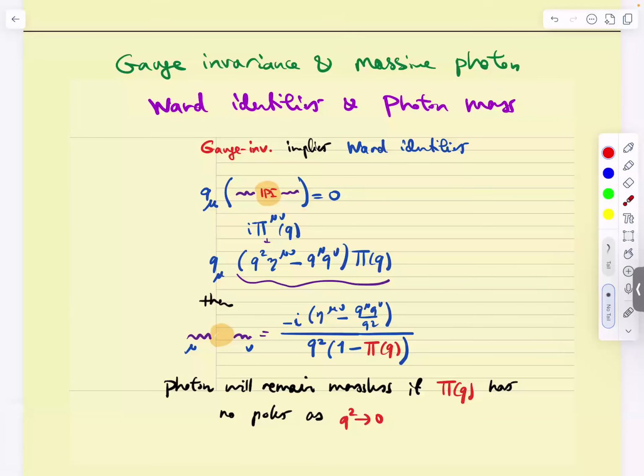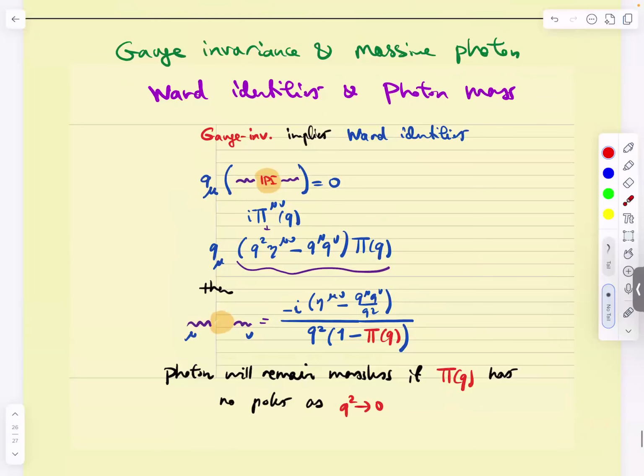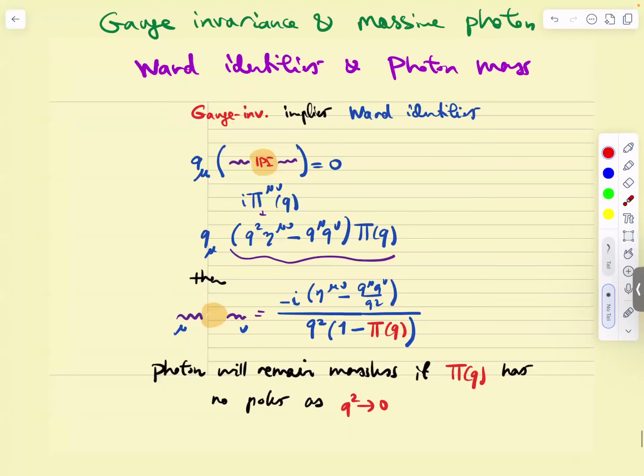But I want to comment, in my last 2 slides, on massive photon and gauge invariance, or massive gauge bosons and Ward identities. Why? What did we assume previously in our argument, and how is this consistent with Ward identities? So what are the Ward identities?